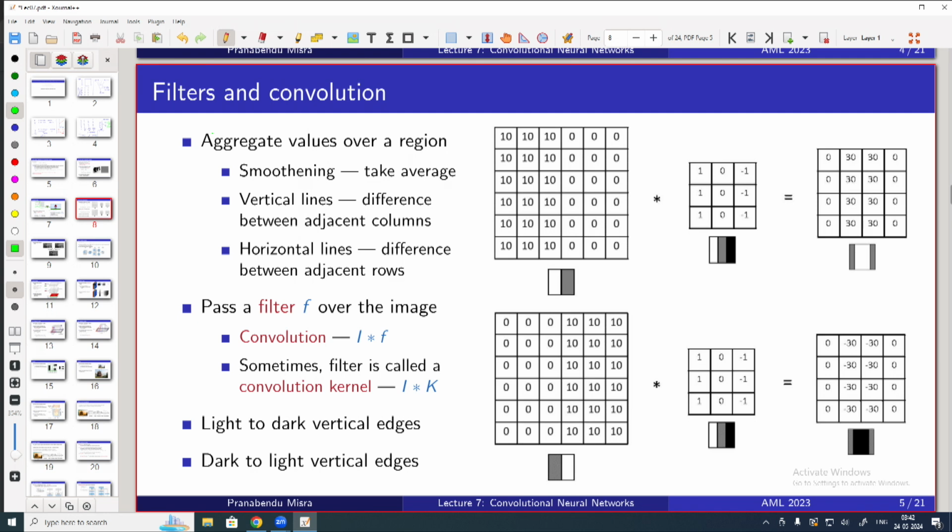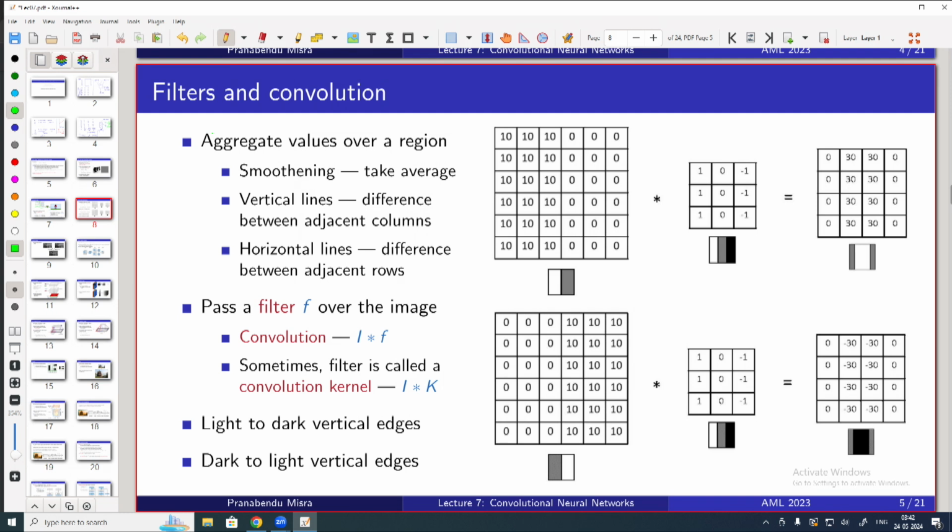Here is another example, with a different matrix. For this matrix, once again I have the same pattern, and I try to match this pattern with this matrix by doing a convolution. This time I will get 0, minus 30, minus 30, 0, and so on. If you look at it this way, that pattern was white and gray, let us say.